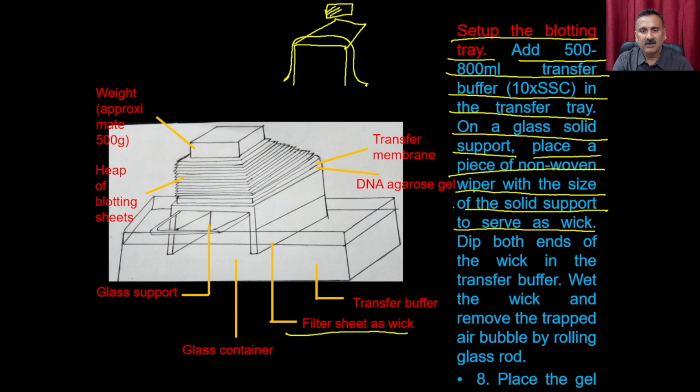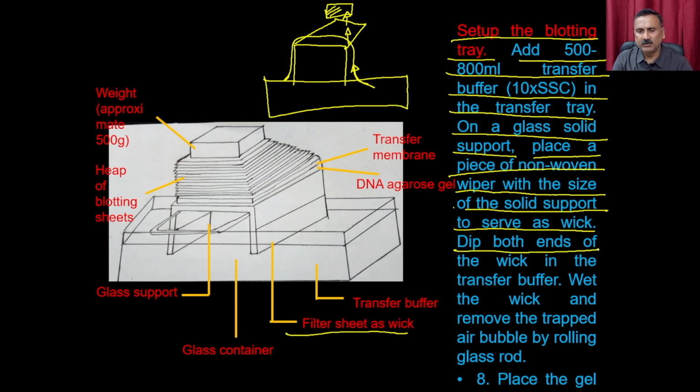Here you have the transfer buffer. The transfer buffer will go from this side to the blotting sheets, so there will be a suction pressure which is going to transfer the DNA present in your agarose block onto the nitrocellulose membrane.